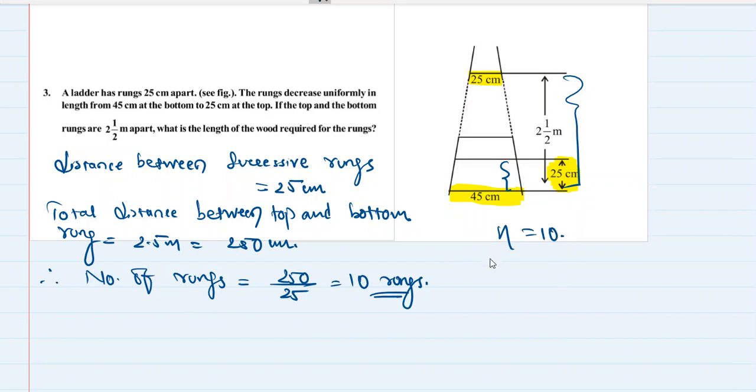Now the length of each rung is decreasing uniformly. We have one piece of information: the first rung's length is 45 centimeters and the 10th rung's length is 25 centimeters.